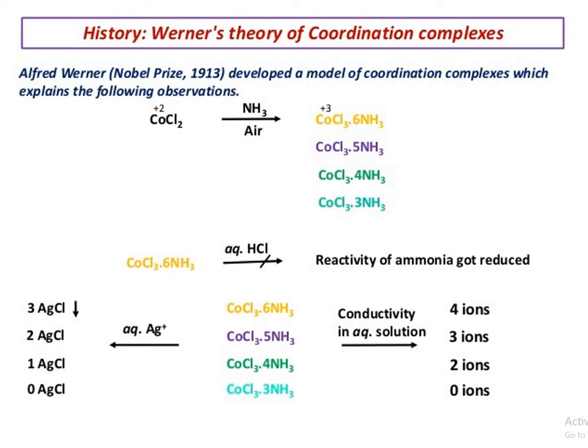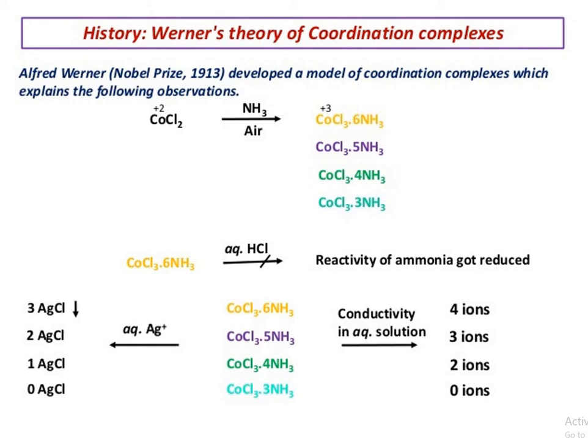Similarly, CoCl3·5NH3 with 5 ammonia ligands precipitated 2 moles of silver chloride, indicating the presence of 2 chloride ions as counter ions, and CoCl3·4NH3 with 4 ammonia ligands precipitated 1 mole of silver chloride, indicating the presence of 1 chloride ion as the counter ion, whereas no silver chloride was precipitated in the CoCl3·3NH3, indicating no ion was present as a counter ion.